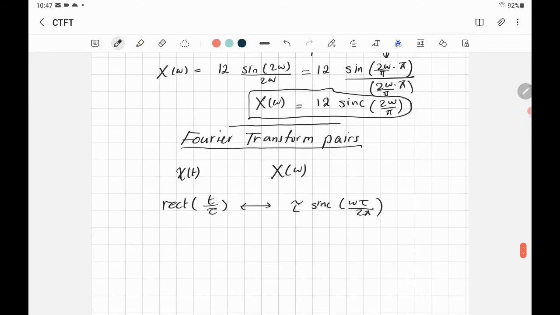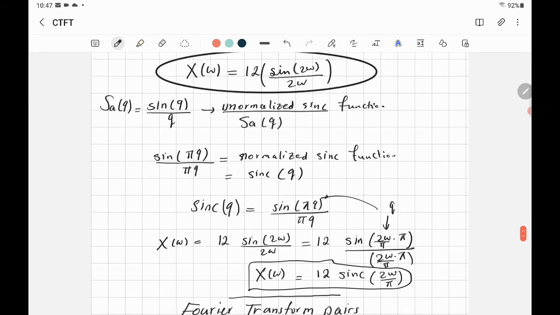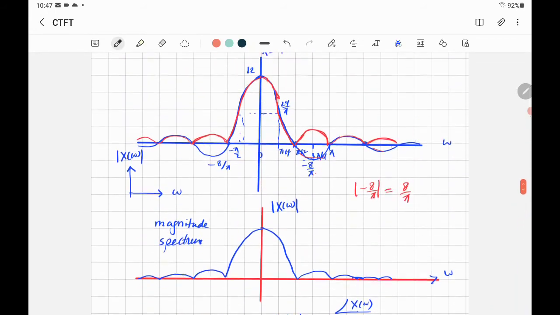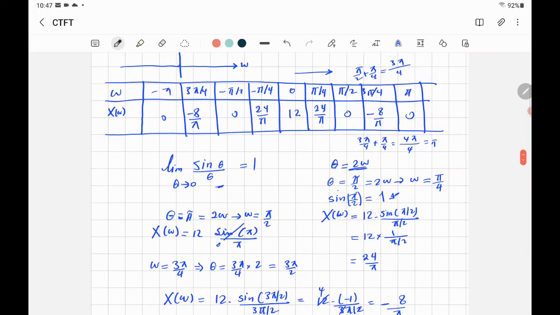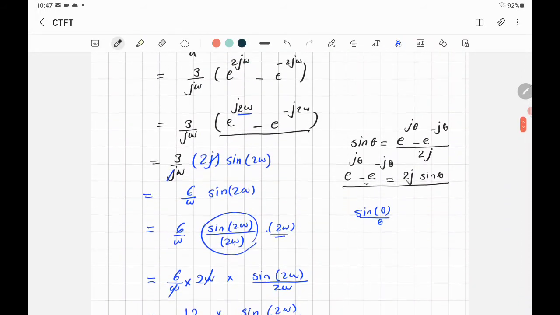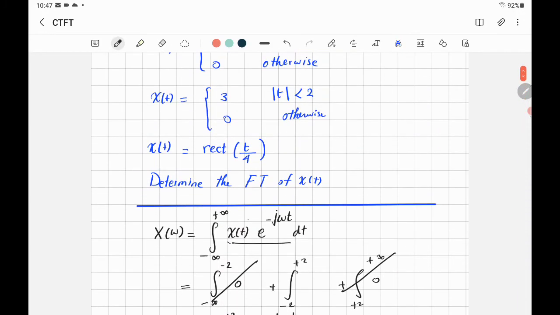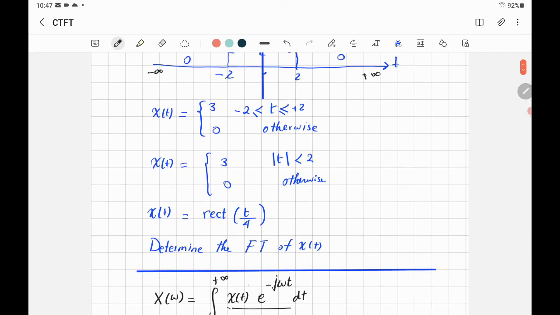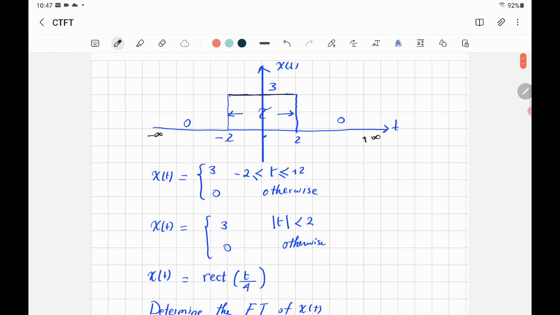Well, I want to check. To check, you go back to the function that you are trying to find the Fourier transform of, at the beginning of the problem. It was x of t, actually rectangular t over 4. The amplitude is equal to 1 in the standard, but in this case the amplitude is equal to 3.